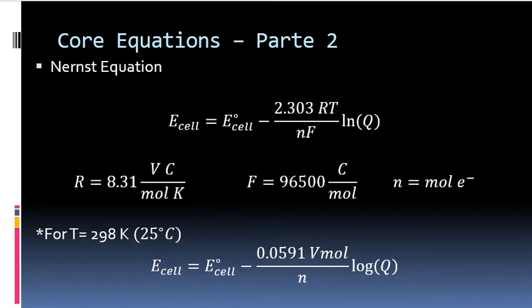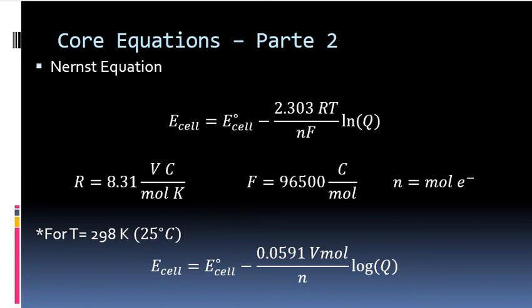And the main formula that you might see would be that non-standard condition potential equaling the standard potential of the entire cell minus 2.303 times the gas constant times temperature over n, which is the moles of electrons being transferred, and then Faraday's constant, and then multiplying that by the natural log of your reaction quotient.